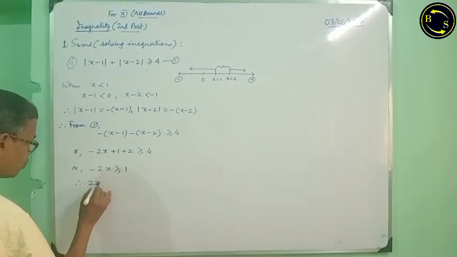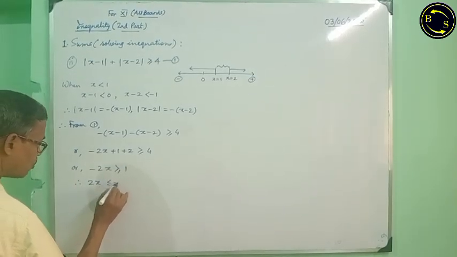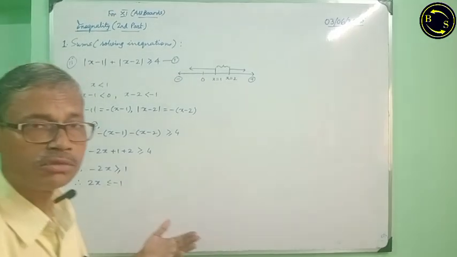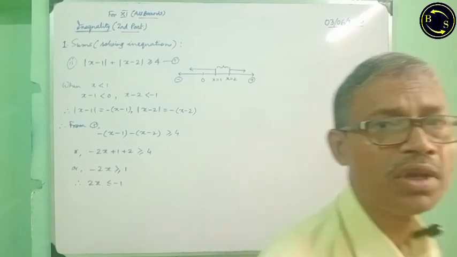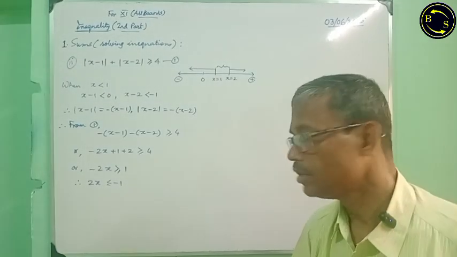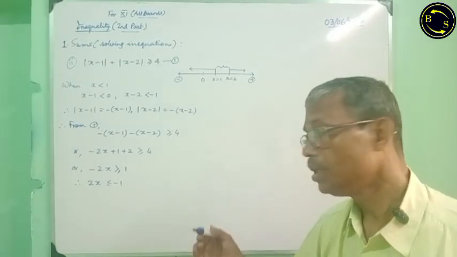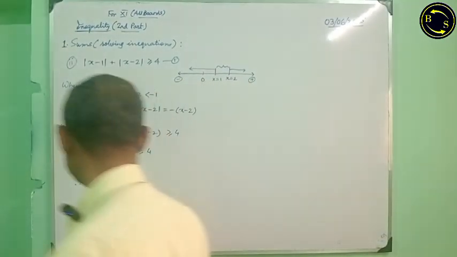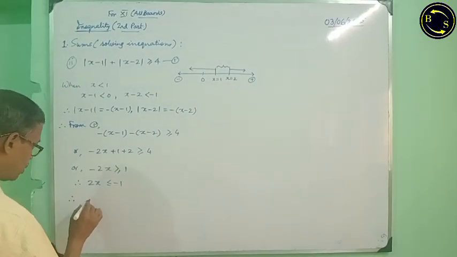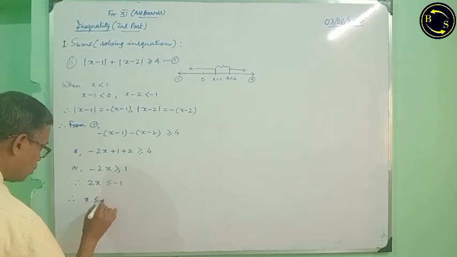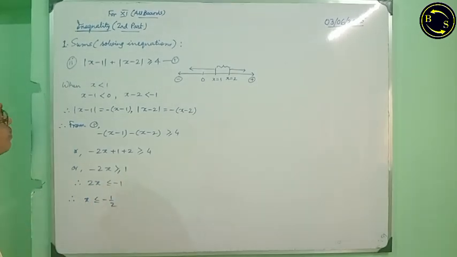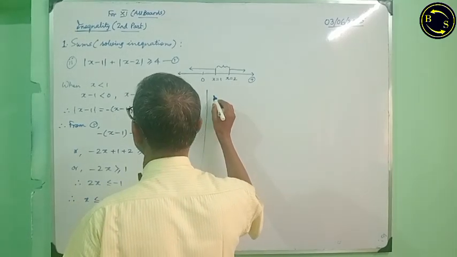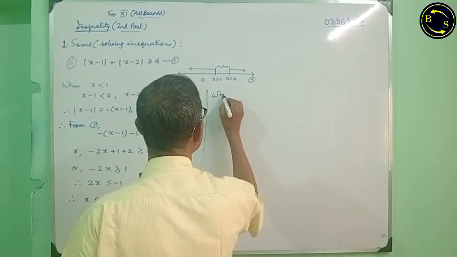Therefore, 2x less than equal to minus 1. Remember, while you are multiplying both sides of an inequality by negative number, then the inequality sign will be reversed. Therefore, x less than equal to minus 1.